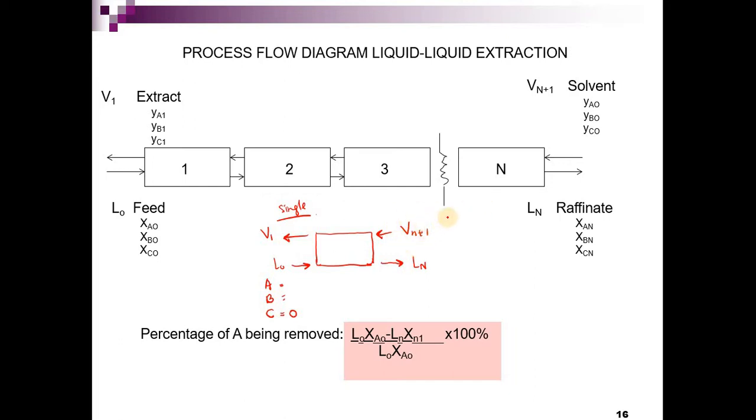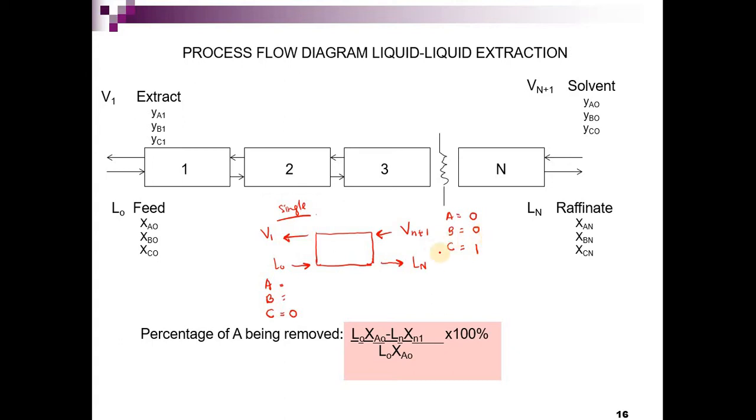Okay, let's see Vn plus 1. For Vn plus 1, we also consider components A, B and C, but usually the solvent will enter the system as a pure component. So A and B is 0 while C is 1.